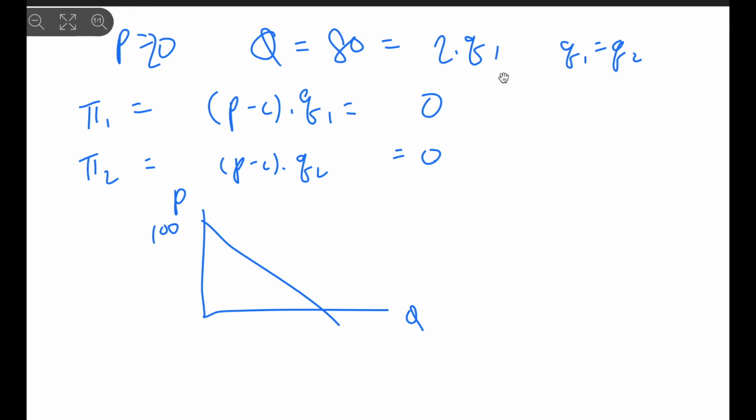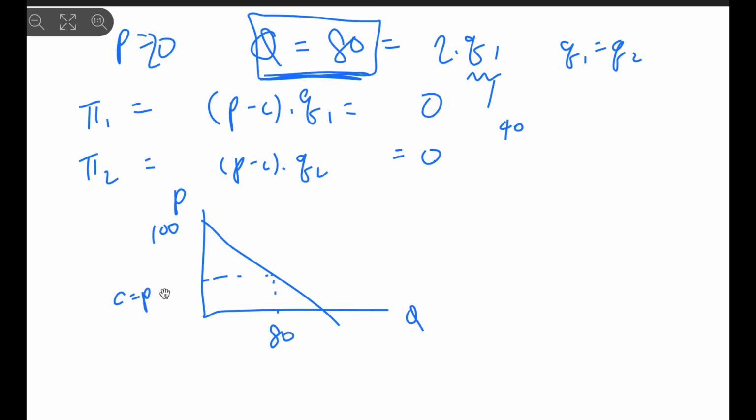But I was wrong because I was just taking half of 40 as the quantity, and that made me make the wrong choice. The aggregate quantity is 80, not 40, right? And we have the price equals cost at $20. So if we're detaching the triangle, we have 80 right there, and also 80 on the horizontal.